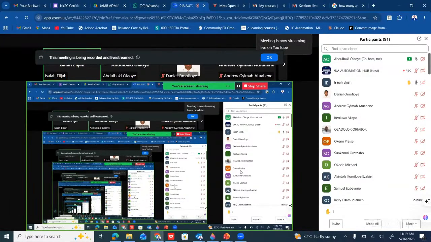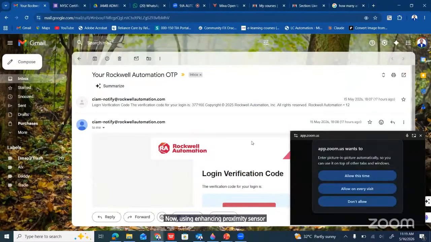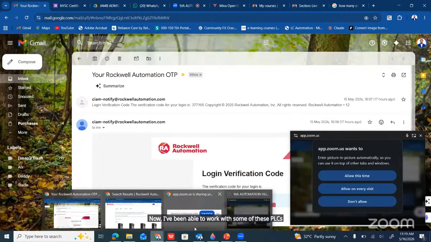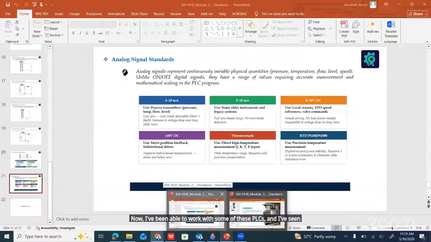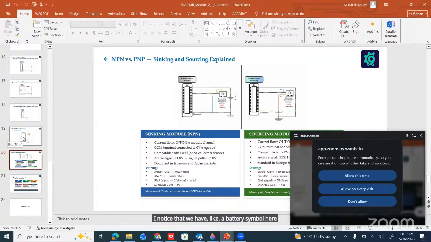For the digital input wiring, I observed that you are using a sourcing proximity sensor. I've worked with some of these PLCs, and I noticed we have a battery symbol here.